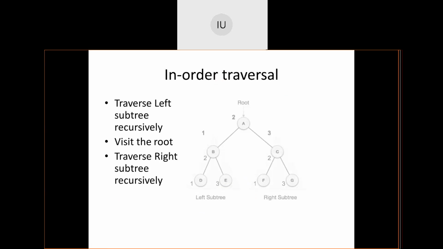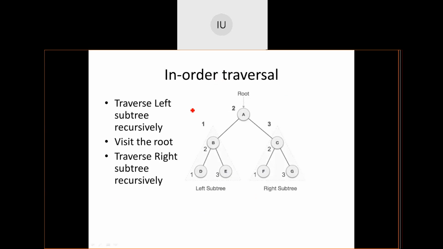Let me take up the previous example. Now, if this is the diagram, A, B, C, D, E, F, G. If I want to display them, I will actually do the anti-clockwise rotation of the whole tree. Anti-clockwise rotation means by 90 degrees. Everything gets rotated by 90 degrees.